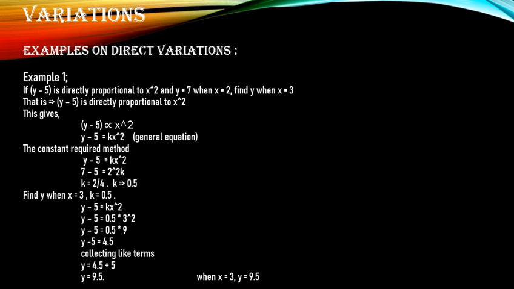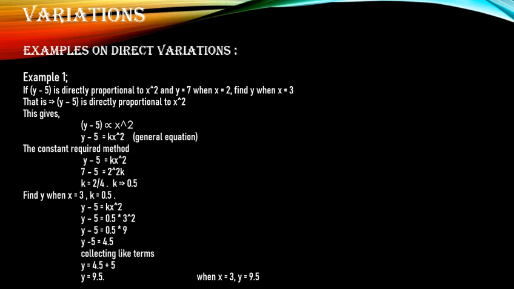Examples of direct variation. I'm explaining one example. If y minus 5 is directly proportional to x raised to power 2, and y is equals to 7 when x is equals to 2, find y when x is equals to 3. That is, y minus 5 is directly proportional to what? x raised to power 2.